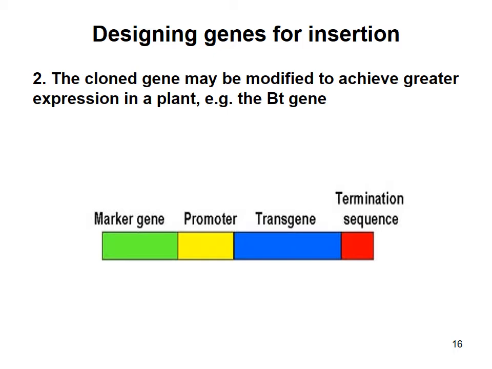So in a clever modification, researchers substituted some of the AT nucleotides with GC nucleotides in the Bt gene without significantly changing the amino acid sequence. And the result was enhanced production of the gene product in plant cells.